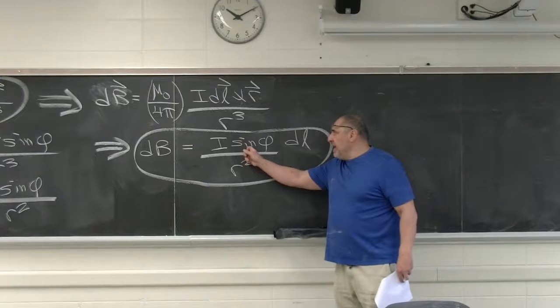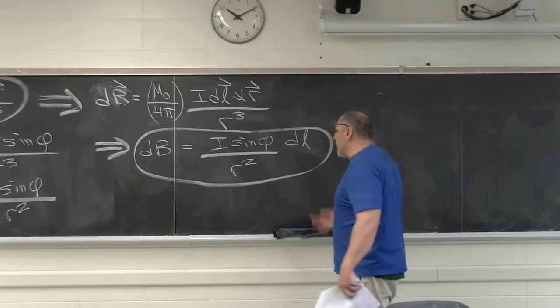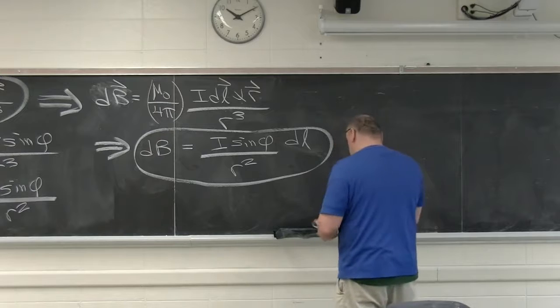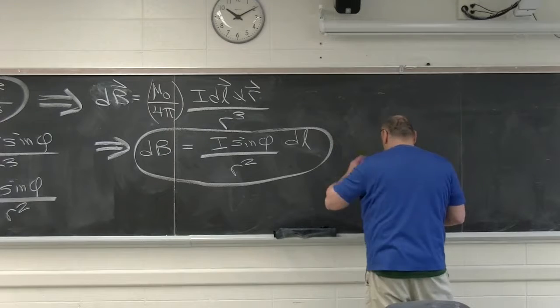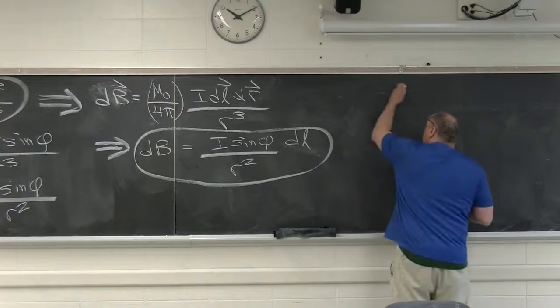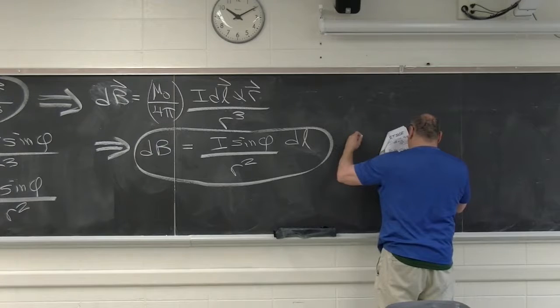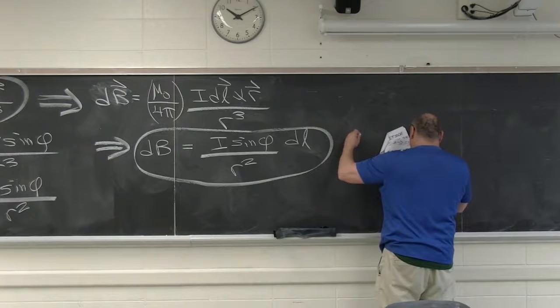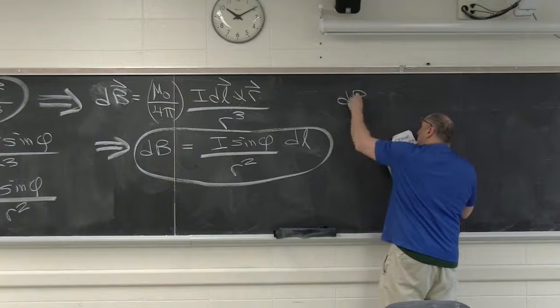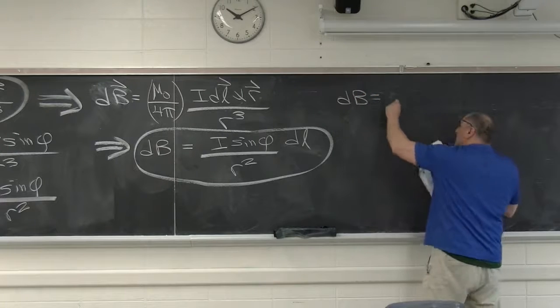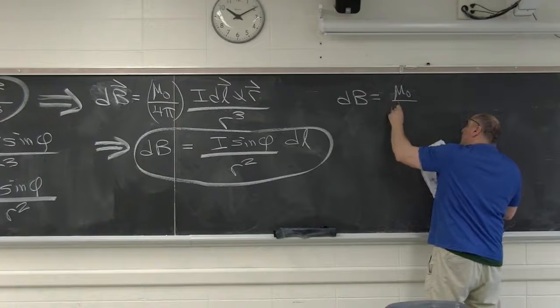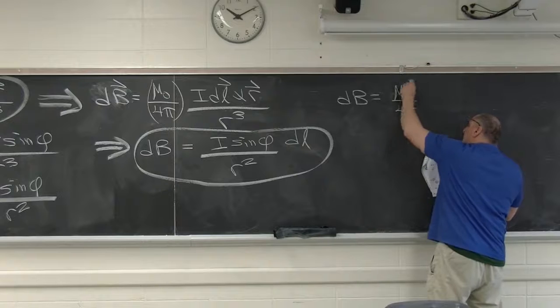If phi is 90 degrees, the sine of 90 degrees is 1. So that's of interest. We can say a whole lot, I guess you could say. dB in those circumstances is mu 0 over 4 pi.